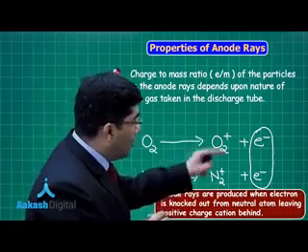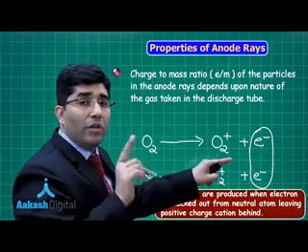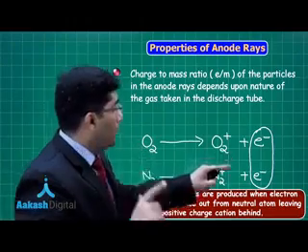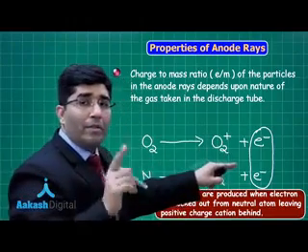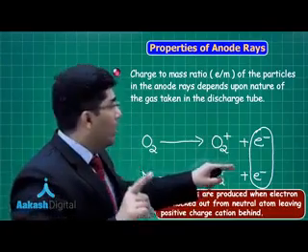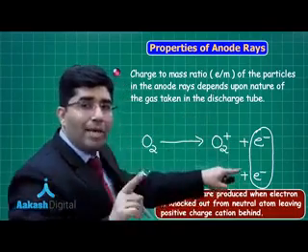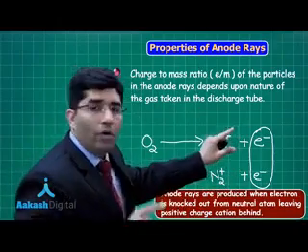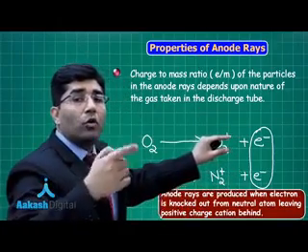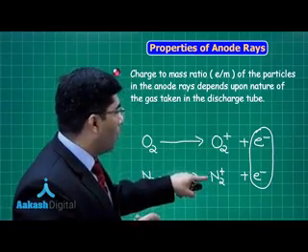The charge of the electrons will be the same, that is minus 1.6 times 10 to the power minus 19 coulomb. The mass of the electron will be the same, that is 9.1 times 10 to the power minus 31 kg. Therefore, e/m for this will be the same, and these electrons will compose the cathode rays. But these are the particles of anode rays.